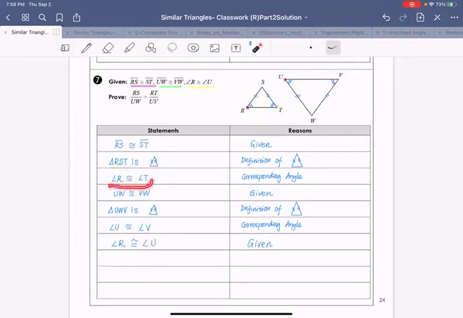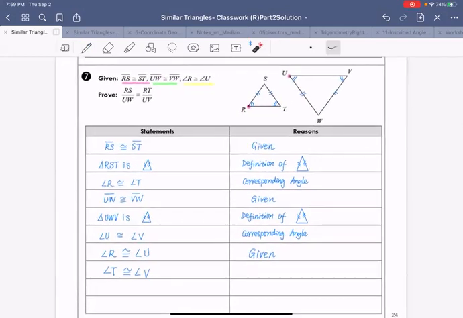Look. R and T are equal. R and U are equal. Can T and U be equal? Yes or no? Yes. So I write down angle T is congruent to angle V. Does this make sense? This equals this, this equals this, this equals this. Can I pass this to there?